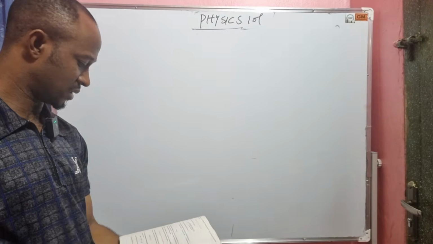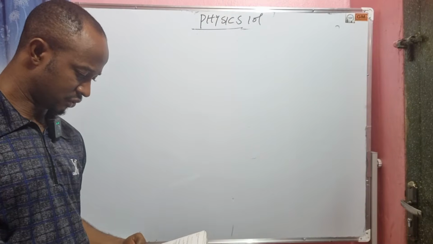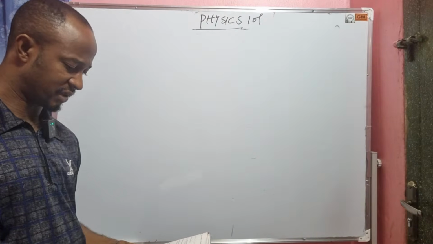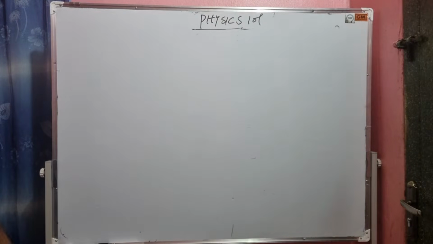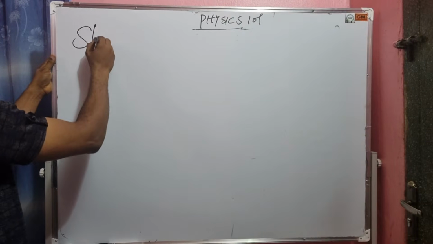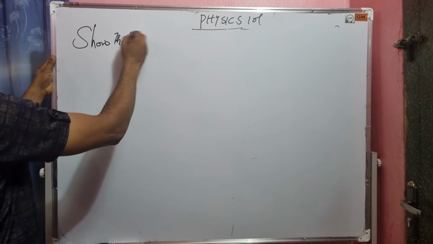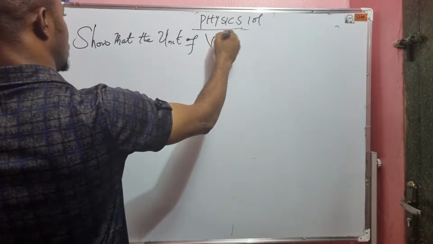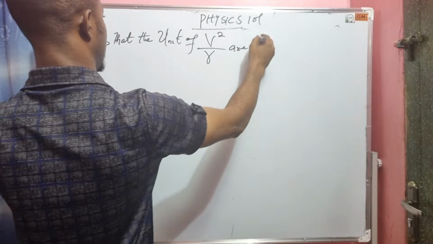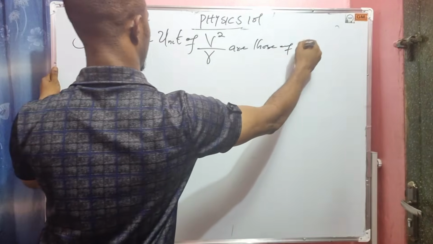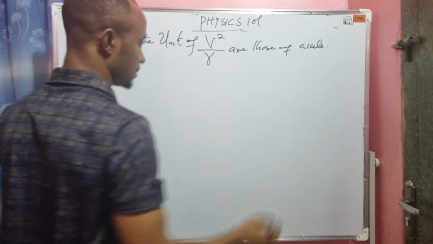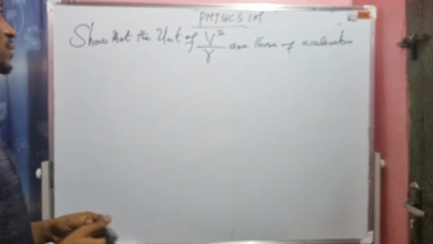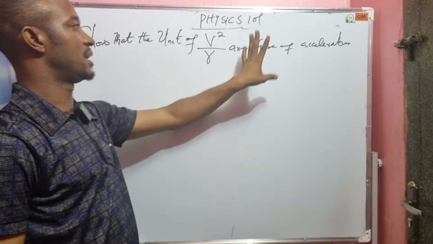Okay, this question here says, show that the units of v square over r are those of acceleration. We want to show that the unit of this are those of acceleration.